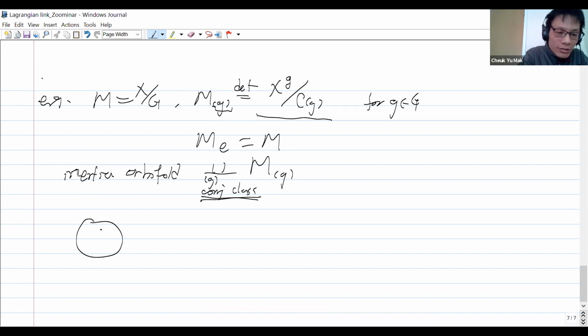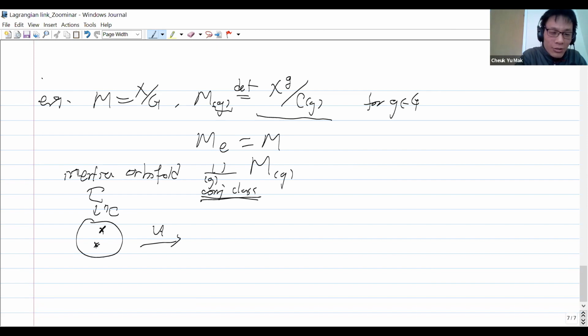As I drew in the earlier picture, when we have a branched covering, our disk will have some orbifold point, some branch point, and the map u is actually not holomorphic. So the domain of u is actually an orbi-disk.